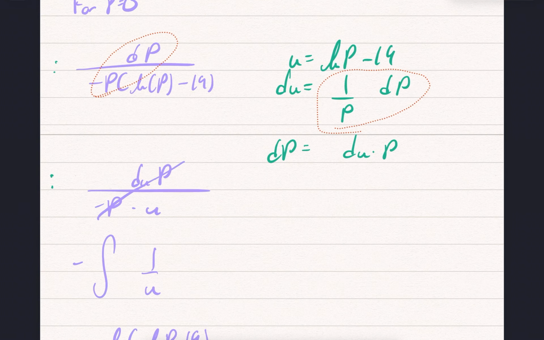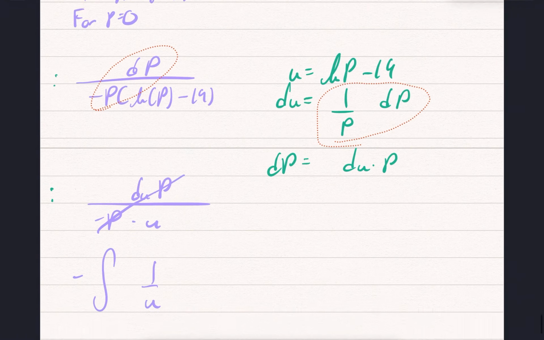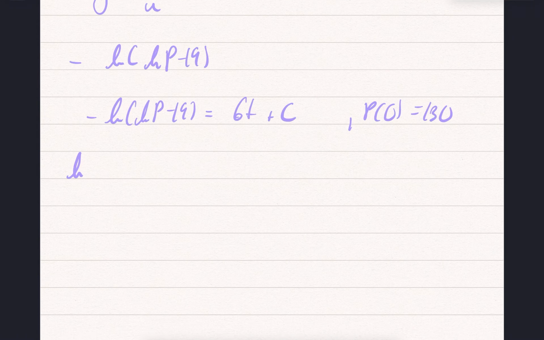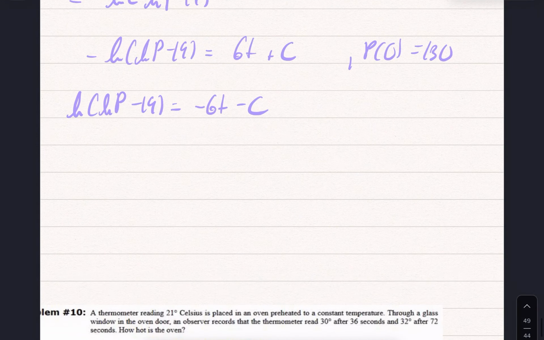At this point, we're doing just fine. Now, I can't shove in ln p just yet. So what I'm going to do is bring that negative over. So ln p minus 19 equals negative 6t minus c.